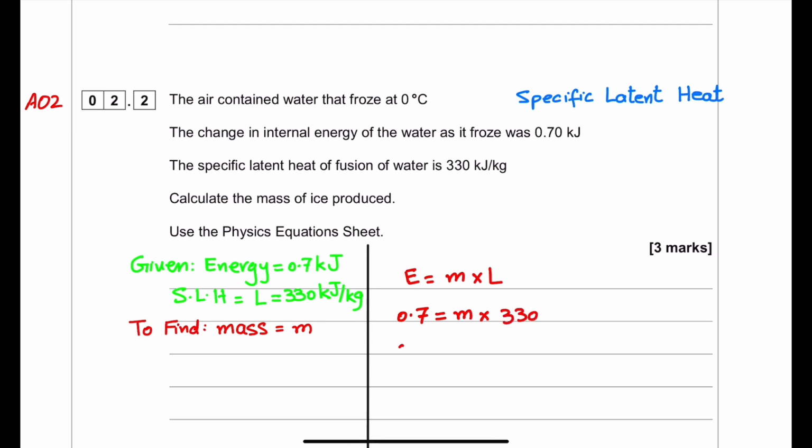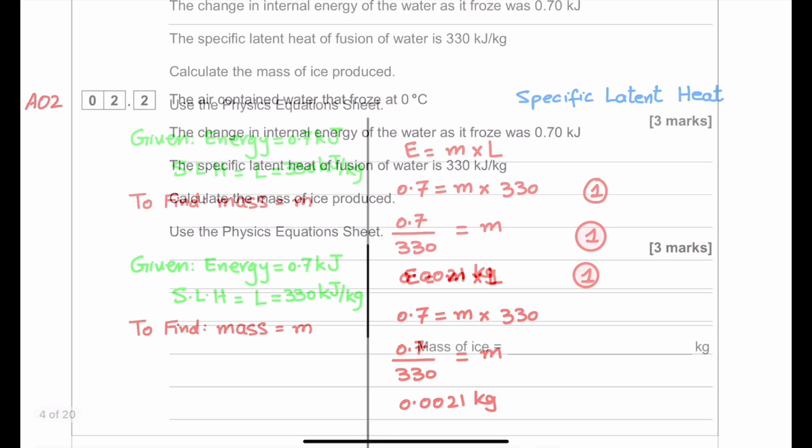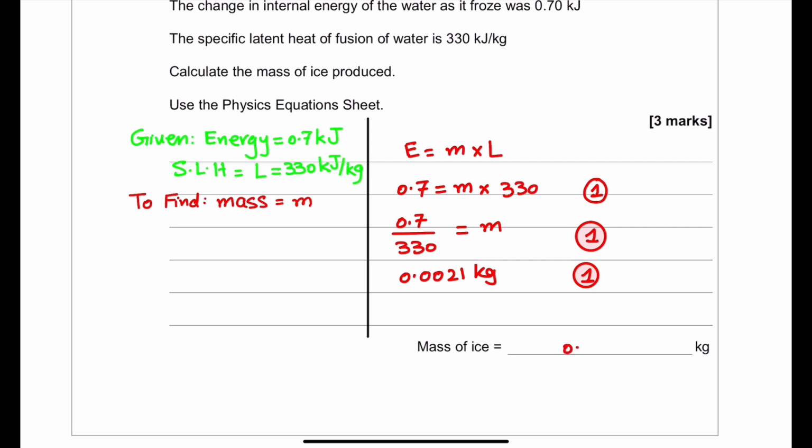We need to rearrange it: 0.7 over 330. When we use a calculator, the answer is 0.0021 kilograms. The answer is 0.0021 kilograms.